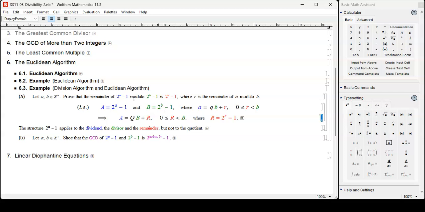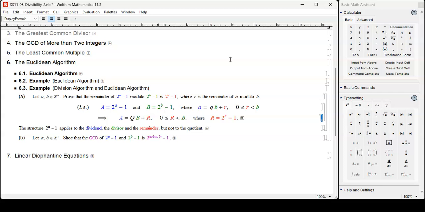So this 2 to the something power minus 1, if we study those kind of integers, then in the division algorithm, the same structure is preserved over to dividend, divisor, and remainder. Not the quotient, but those three, yes.